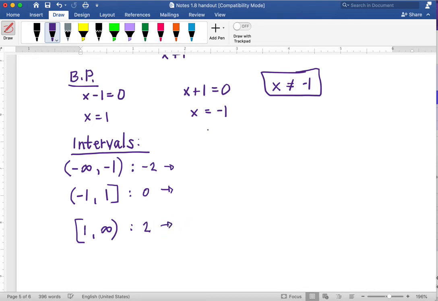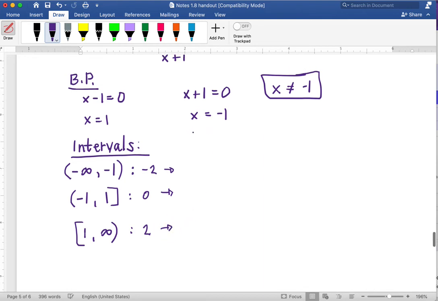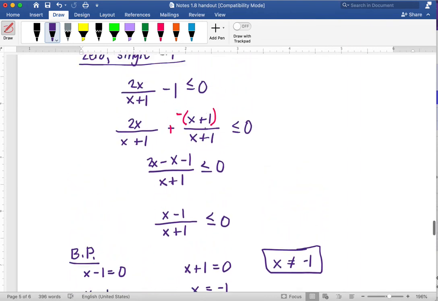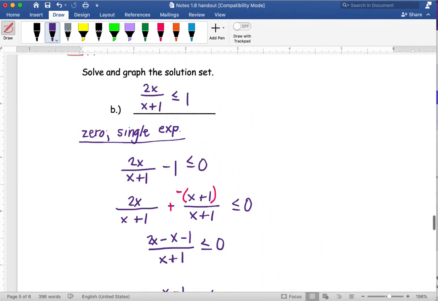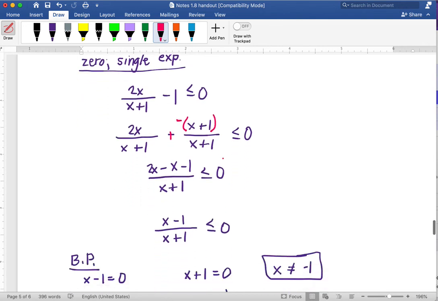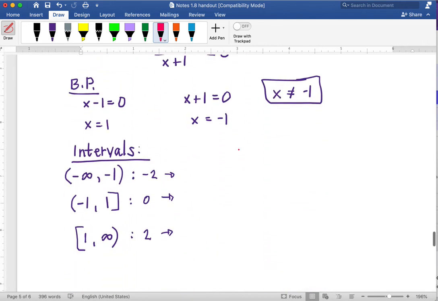And you do have to test in the original. Let's sneak back up here. The original was 2x over x plus 1 less than or equal to 1.